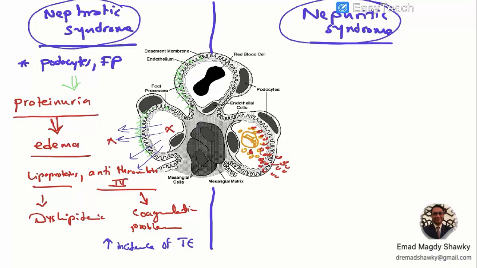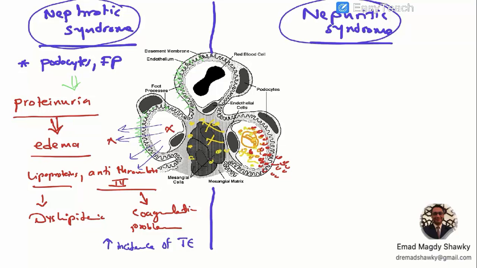So this immune deposition can be in the mesangium, can be inside the cell, so the inflammation also can be in the mesangium or in the capillary space.